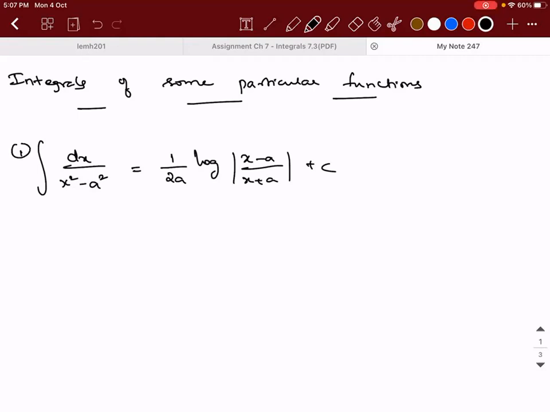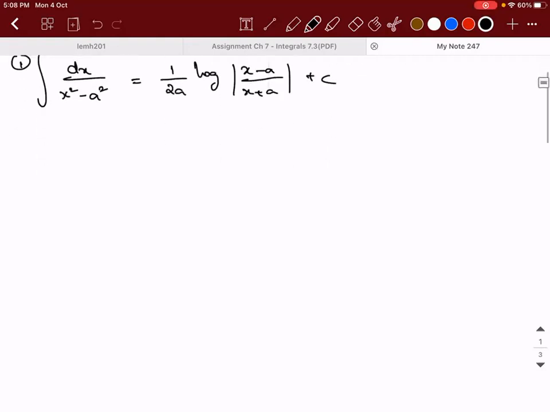Let's see how to derive. Any idea of how we can proceed? So what we can do is 1 by x square minus a square is there. This we can write it as 1 divided by x minus a into x plus a.